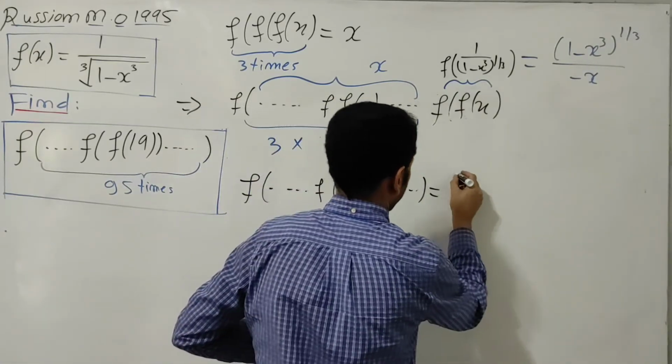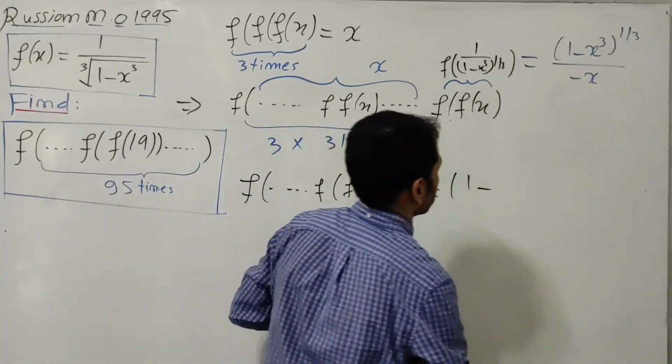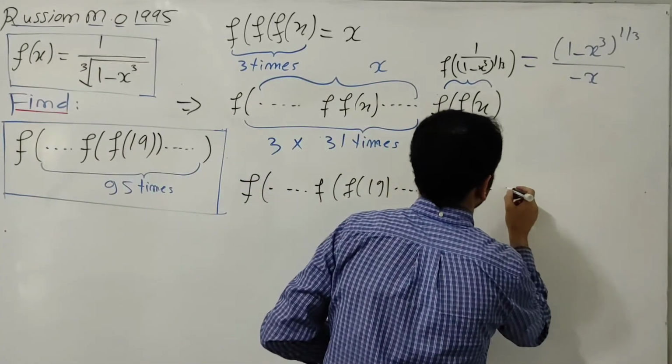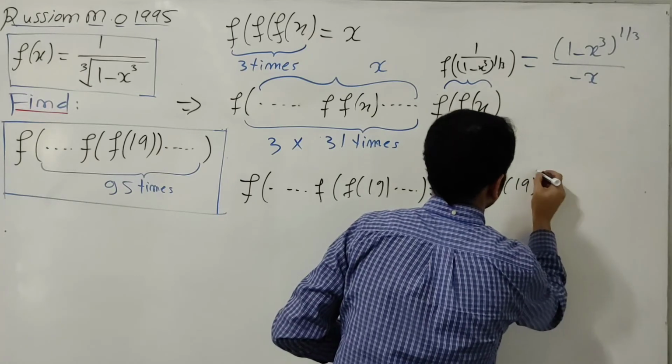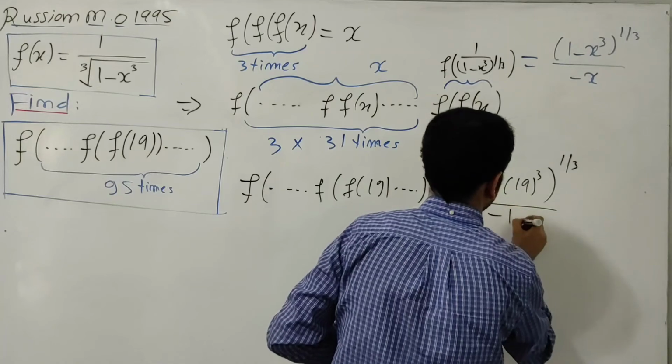So it will be written as 1 minus, now I'm going to plug 19 into this expression, 1 minus 19 cubed, all to the 1 over 3, divided by minus 19.